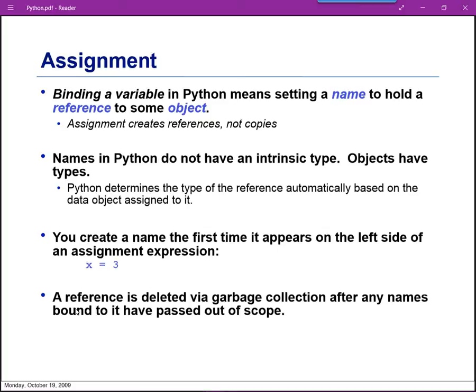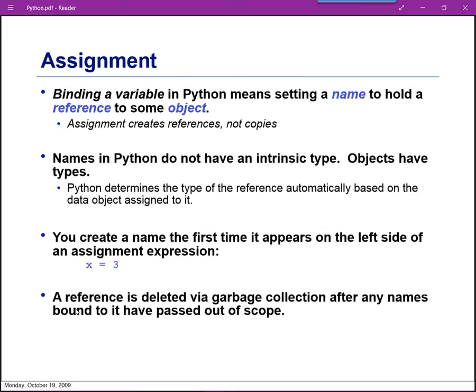A reference is deleted via del. We won't get into garbage collection. Garbage collection basically means the variables are deleted. So you assign a name just by assigning it. You don't have to declare. We already mentioned that.